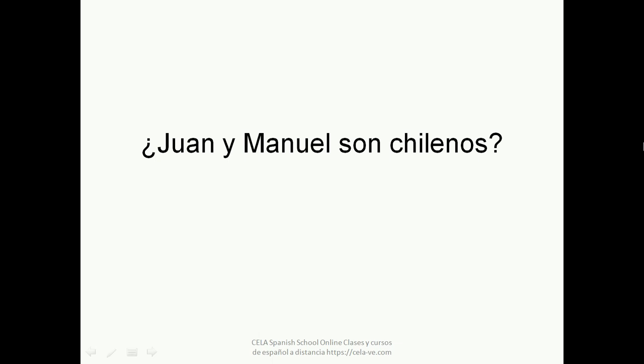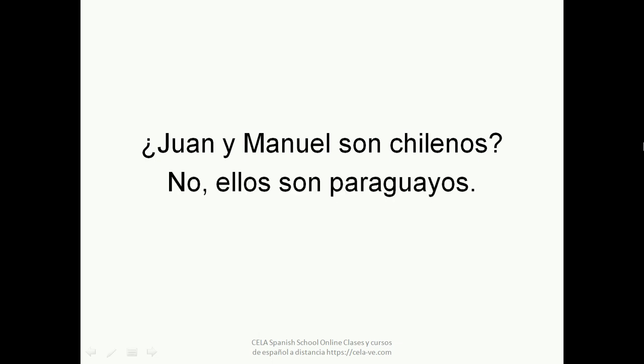Juan y Manuel son chilenos. No, ellos son paraguayos.